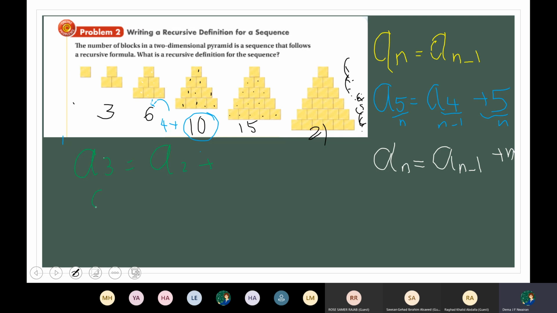So a3 is 6, as you see here. The third term is 6. The second term is 3. So I will ask myself, how can I make the 3 become 6? By adding what? By adding the number of the term. So, yes, by adding 3.